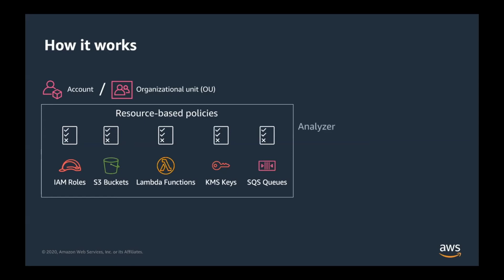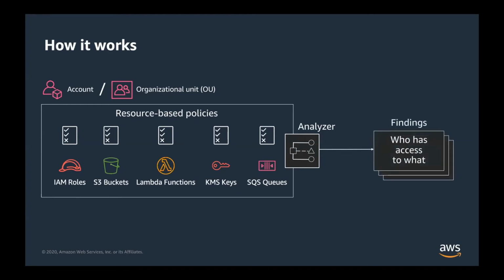But in this case, it looks at the bucket policies, for example, and uses automated reasoning to understand whether a potential condition would expose objects within that bucket to either a role or a resource outside of the account or to the public. So this automated reasoning then allows you to generate a finding to give you the answer around who has access to what, and the conditions for it.